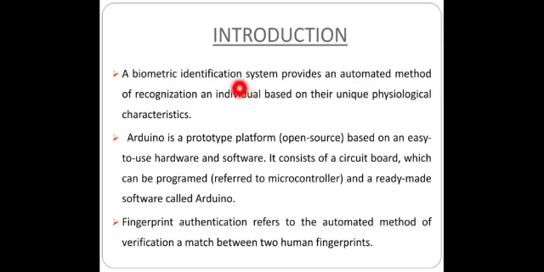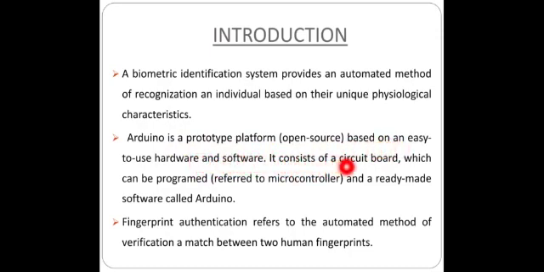This is the introduction. A biometric identification system provides an automated method of recognizing an individual based on their unique physiological characteristics. Arduino is an open source prototype platform based on easy-to-use hardware and software.